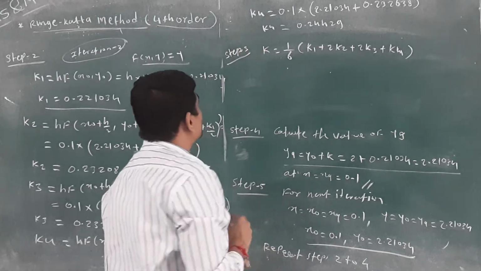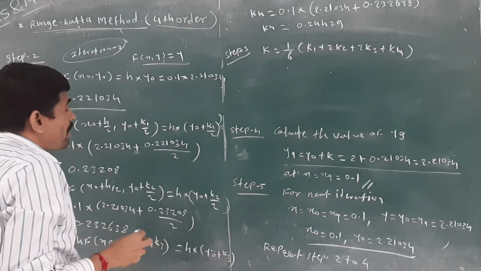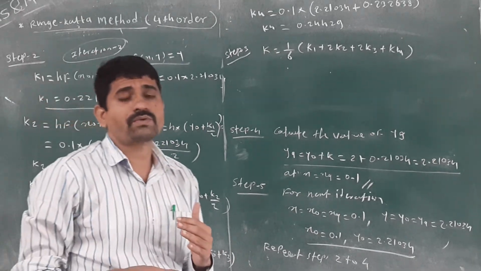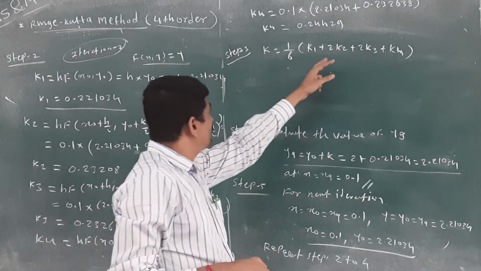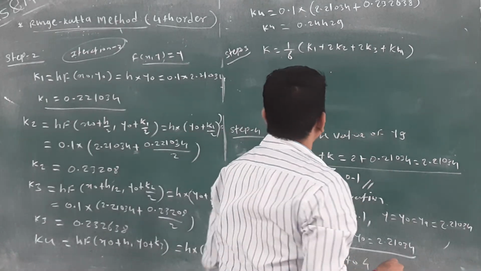Once you have calculated step number 2, then step number 3. What is step number 3? You have to calculate the weighted mean. k is equal to 1 by 6 of k1 plus 2 k2 plus 2 k3 plus k4.